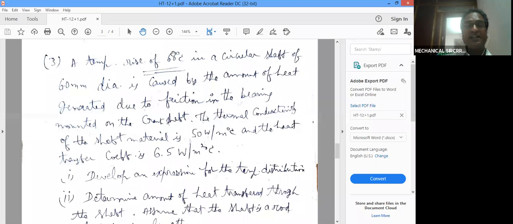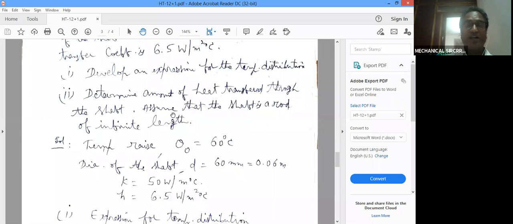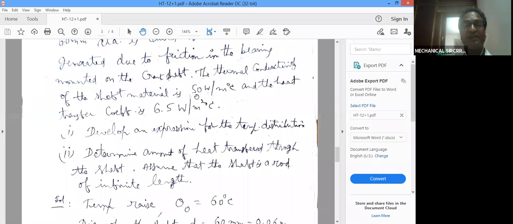Diameter of the shaft is 60 mm, and the thermal conductivity K of the shaft material is 50 watt per meter Kelvin, and the heat transfer coefficient is 6.5 watt per meter square Kelvin.